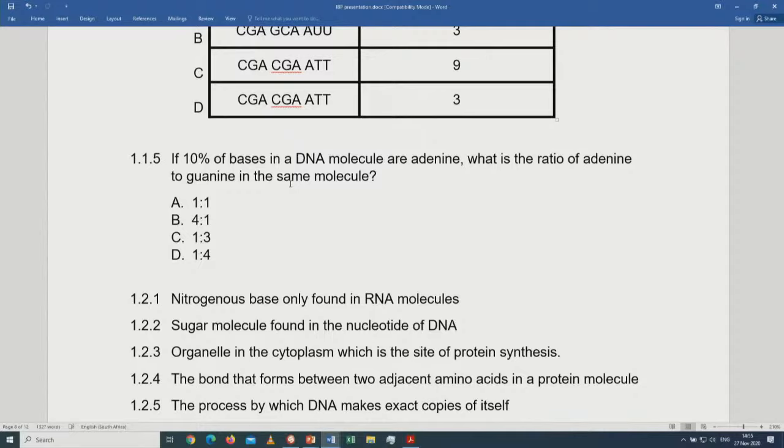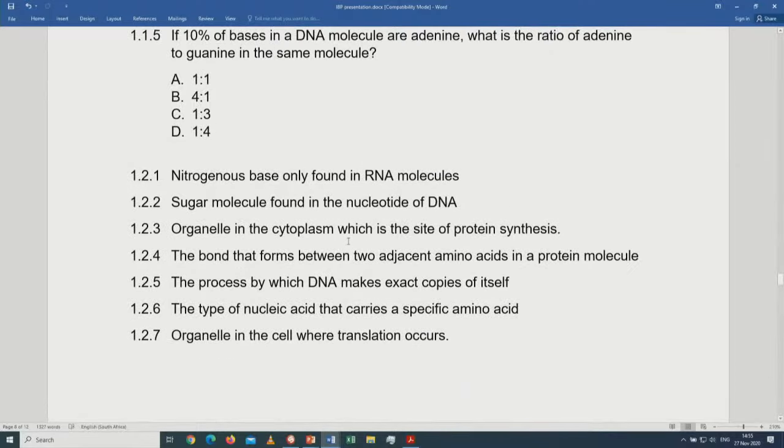This means that guanine will be 40% and cytosine will also be 40%. Now we know that adenine is 10%, so guanine will be 40%, and if we work out the ratio, it will be 1:4. So our answer there is D.